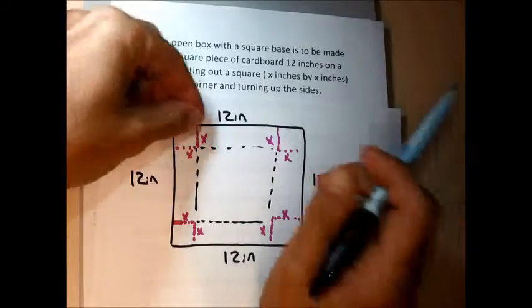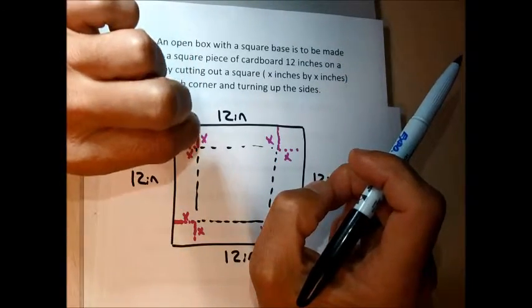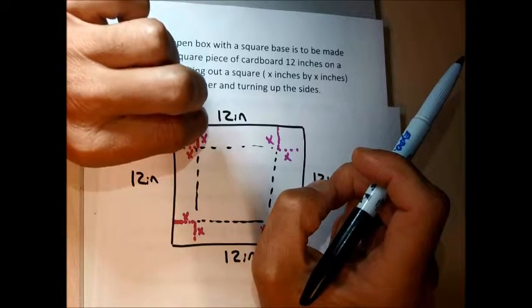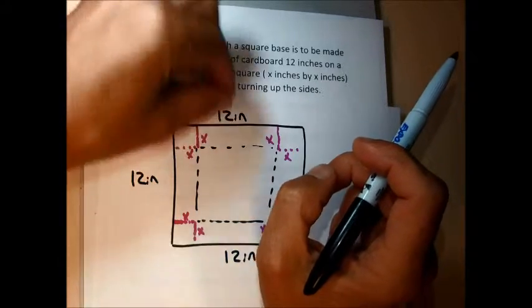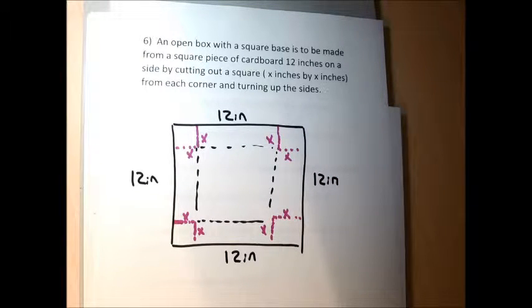So when I fold this side up, the box is going to have a height of x. Let me try to do that with a square piece of paper. I don't know how good this is going to be, but it can't be worse than what I'm about to say.